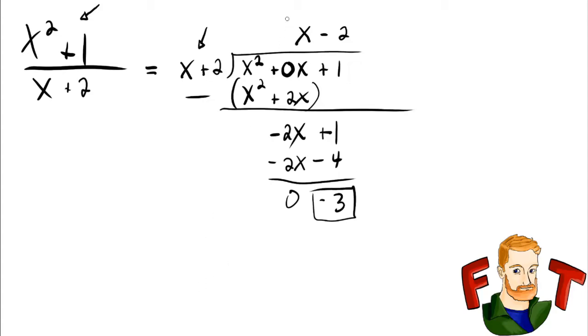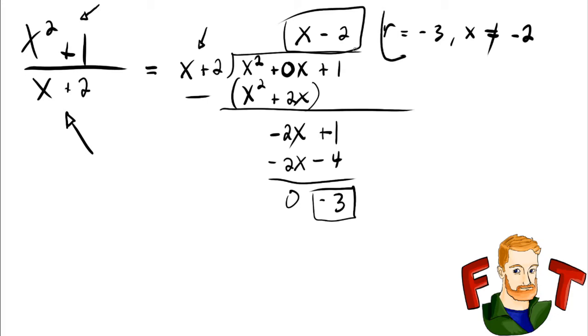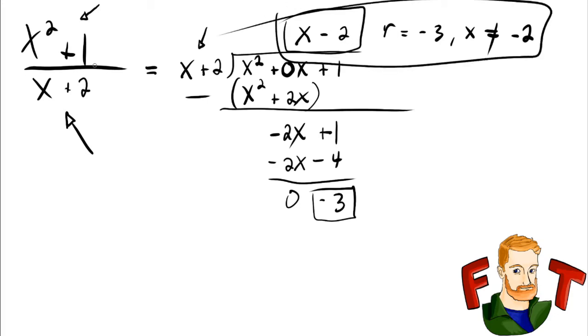So it's this with a remainder of negative 3, where x does not equal negative 2, because if x is negative 2, then x plus 2 is 0, which means this wouldn't be true anymore. So I guess this whole thing here is the answer that he's looking for.